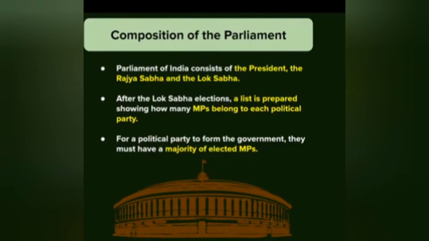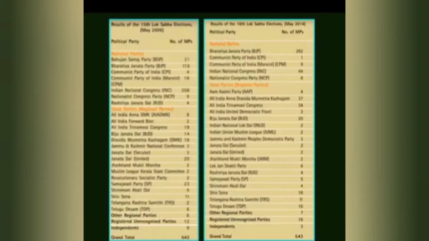To be a member of Rajya Sabha, the qualification is that the member should be a citizen of India. He or she must not be a bankrupt. He or she must not be less than 30 years of age. The Rajya Sabha is a permanent house. It cannot be dissolved. Each member of the Rajya Sabha is elected for a term of 6 years.